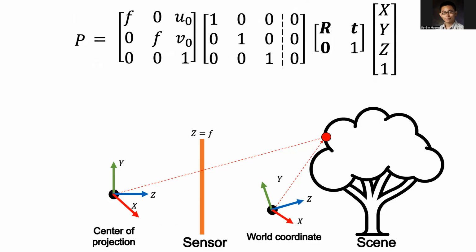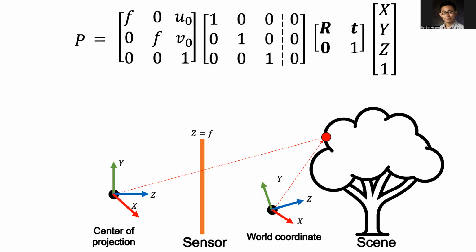The [R T] basically is there because the x, y, z is initially expressed in the world coordinate system. But if I want to do the projection, I need to first compensate for the coordinate difference. The original x, y, z is expressed in the world coordinate system, but I want to re-express the same point in the view of this coordinate system.